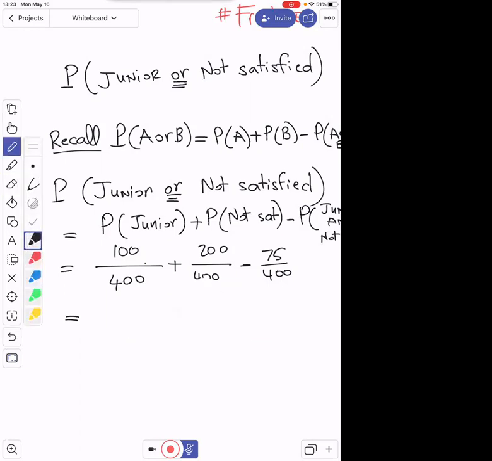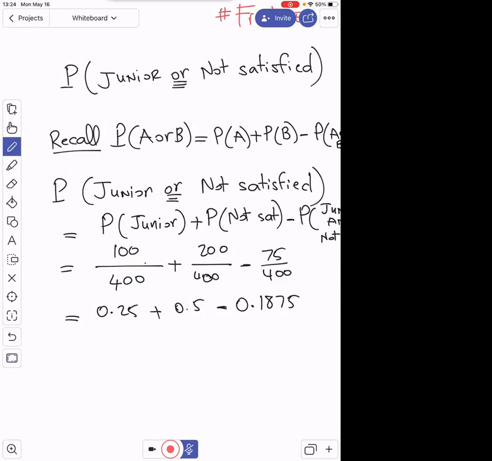That'll be 1 over 4, which is 0.25, plus 200 over 400, that's a half, 0.5, minus 75 over 400, which is 0.1875. Anyway, you're going to get the same answer either way, right?